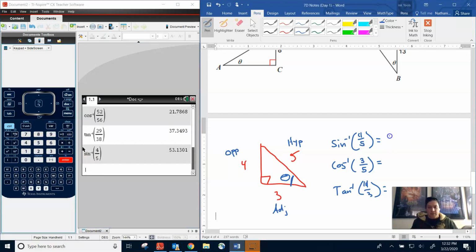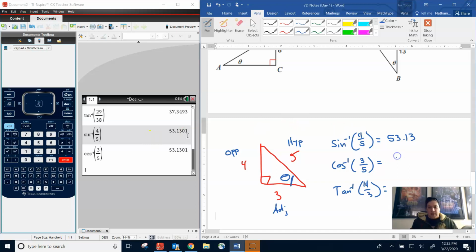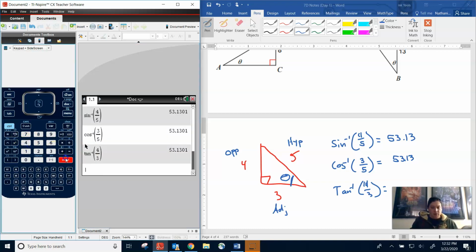And we get 53.13. If we do cosine inverse of 3 divided by 5, we get the same exact thing, 53.13. So then if we try tan inverse of 4 divided by 3, we get the same thing, 53.13. Now, that just shows that you can use any trigonometric function to find your missing angle, but you have to have the right sides for it.